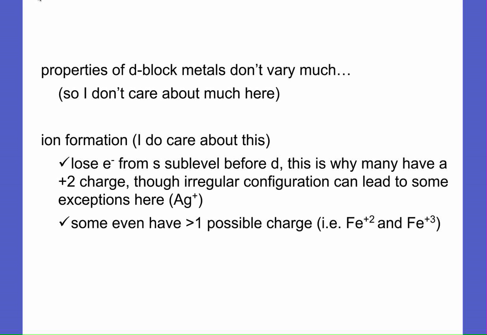Otherwise, ion formation, we're going to talk about that specifically, but we're going to do that in class probably. So even if you weren't in class because you were at 1X, we're definitely going to talk about ion formation, and that does matter.